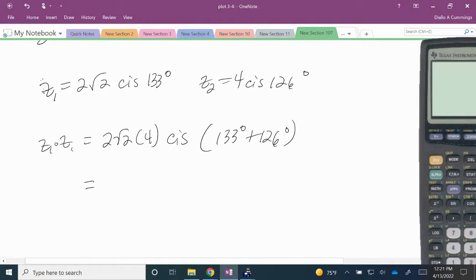When we multiply 2 square root of 2 times 4, we get 8 square root of 2 cis. And when we add 133 degrees plus 126, we get 259.